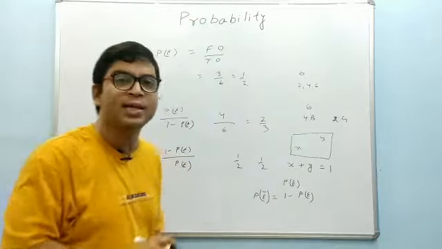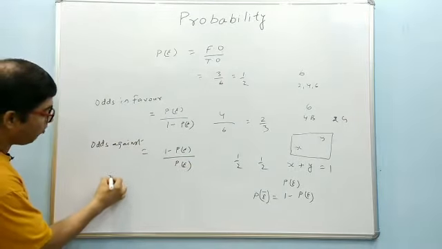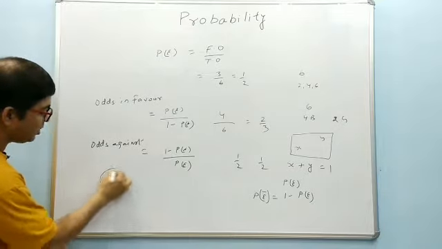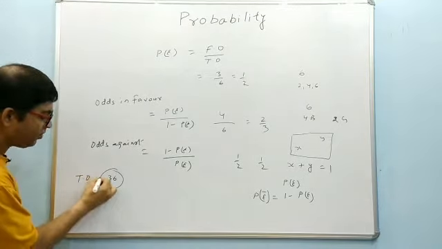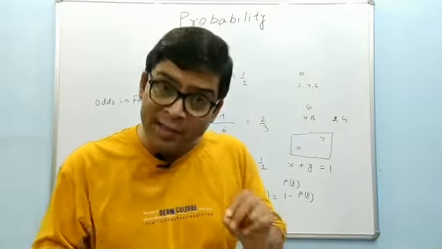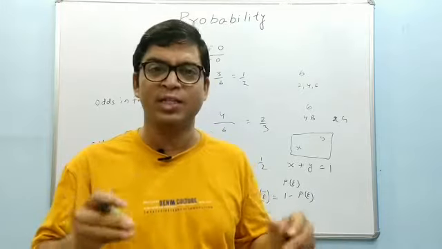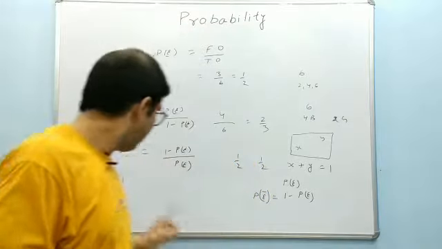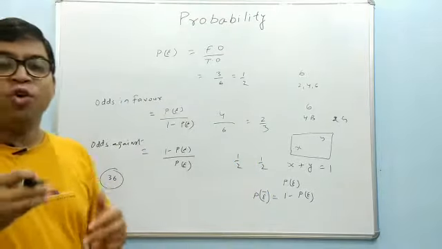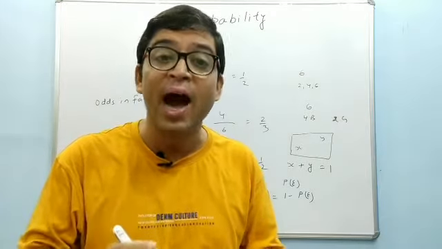Suppose 2 dice are thrown. What is the total outcome? It is coming out to be 36. Firstly, just go for finding the total outcome and then go for finding the favorable outcome in all types of questions. That is my recommendation. Suppose I want the sum to be 9.